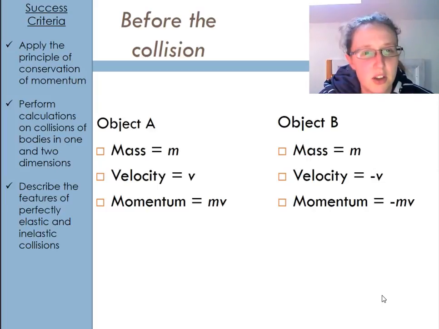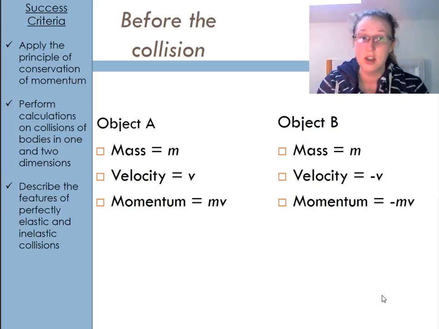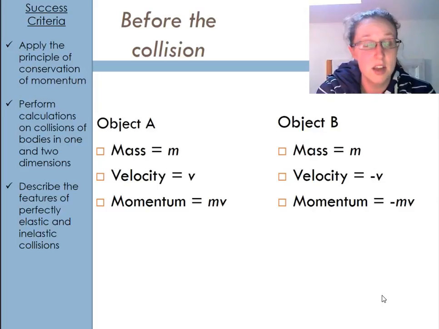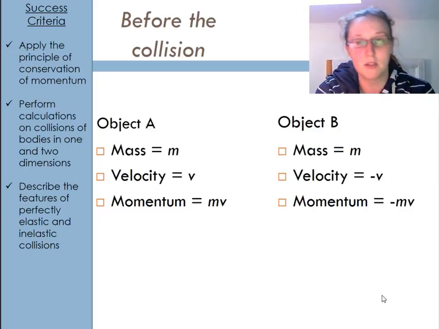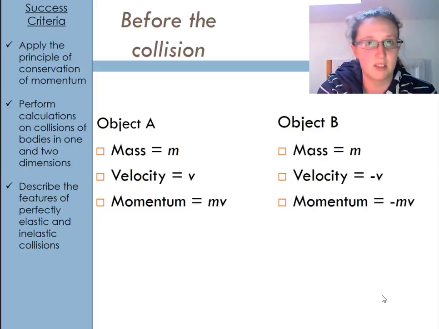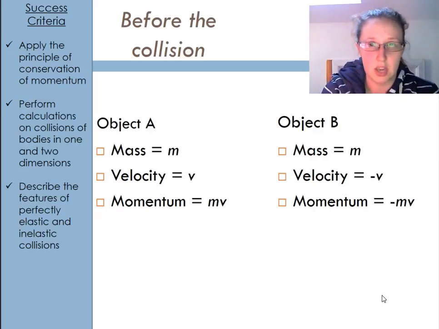So if I look at my total momentum before the collision, I have mv minus mv, so my total momentum is 0. And I could calculate my kinetic energy as well. That gives me a half mv squared plus a half m minus v squared, which just comes out at mv squared because I can ignore the minuses. So that's the situation that's going on.